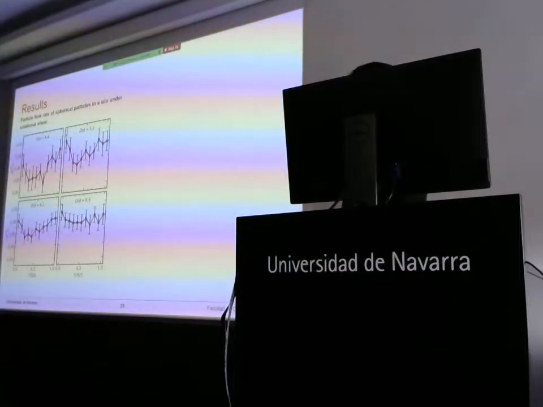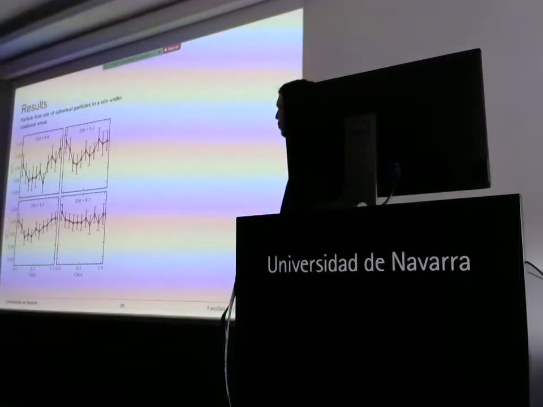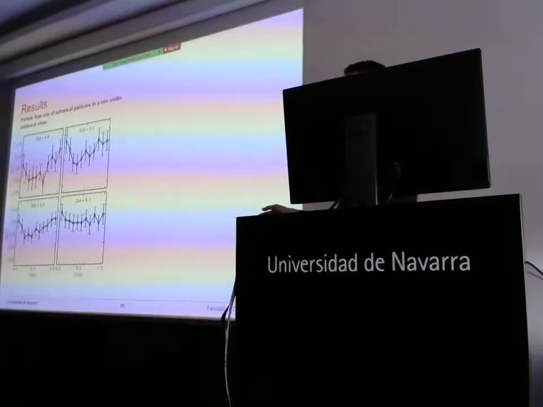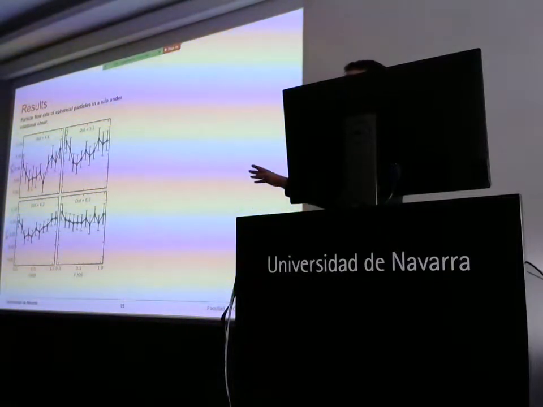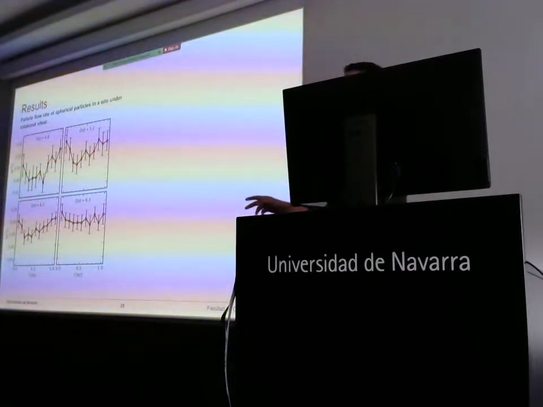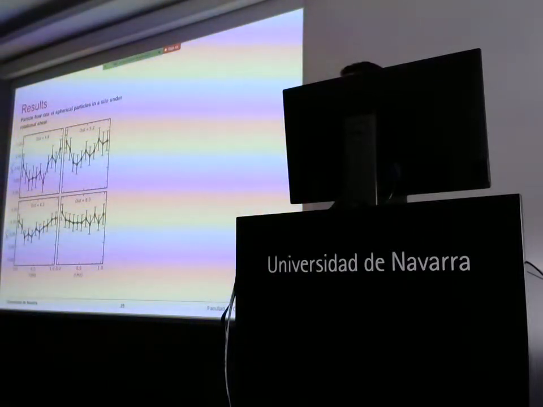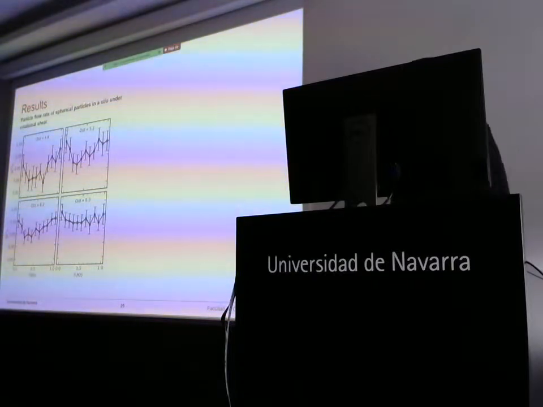Basically, it's because we based it on previous experimental work, and they normalized the values with 1 hertz. That's why we use the same reference, to compare to both results. Okay.